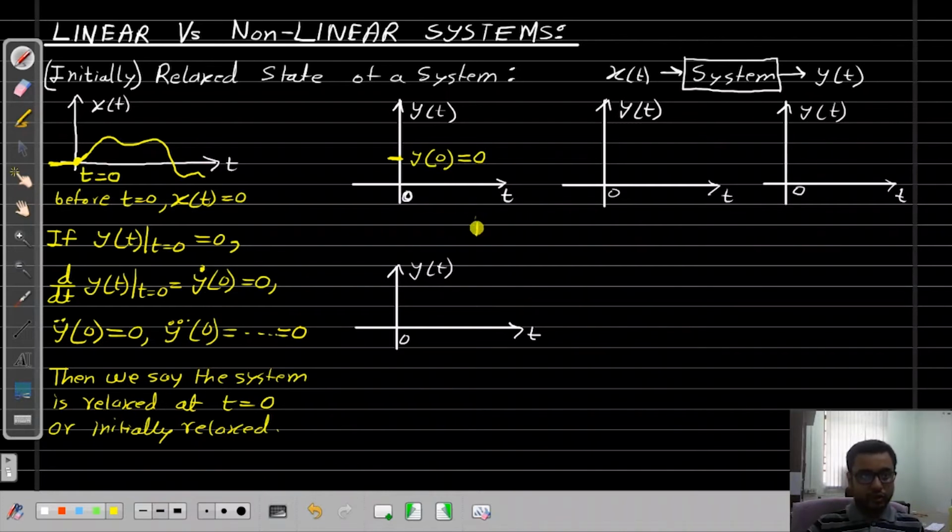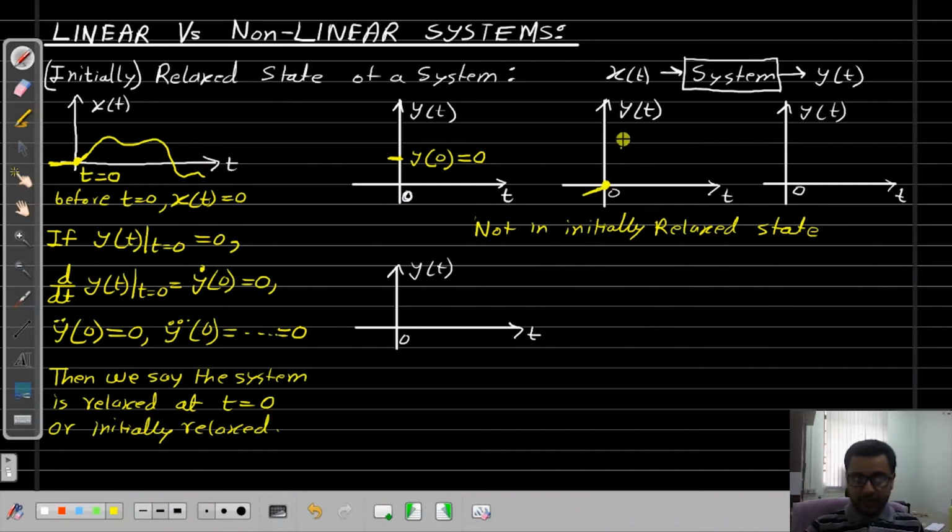So this is not in initially relaxed state because the output initially is not 0. Similarly, suppose if output is 0 at this moment, however the derivative of the output is increasing.